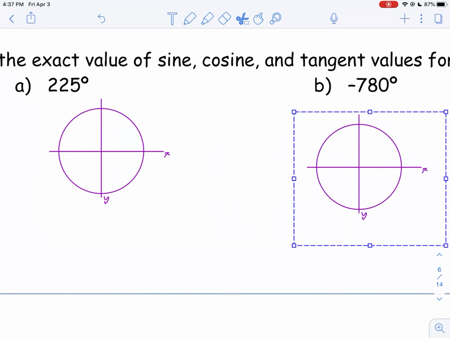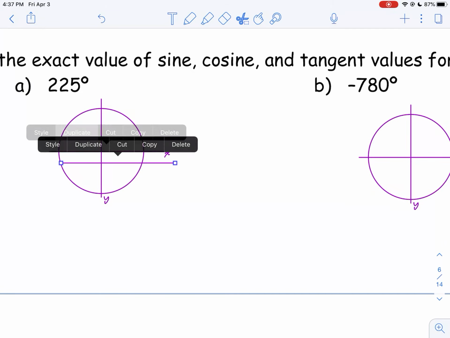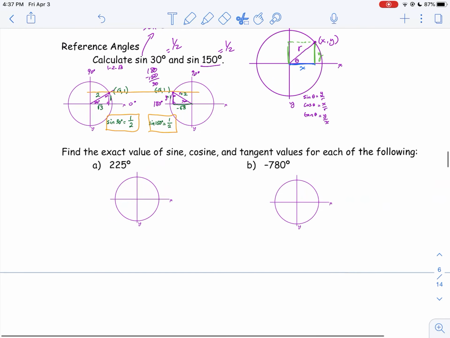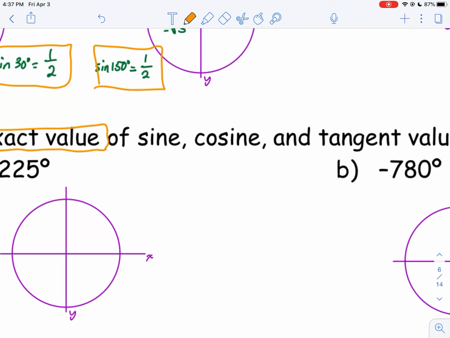I am going to take a look here and find the exact value of sine, cosine, and tangent. Remember, what did I say this exact value is keyword for? What does it mean?